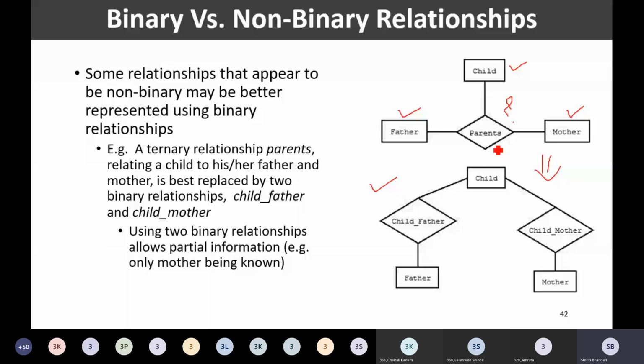Some relationships that appear to be non-binary may in fact be better represented using binary relationships. Why am I saying this is a better representation using two separate binary relationships instead of one single ternary relationship?